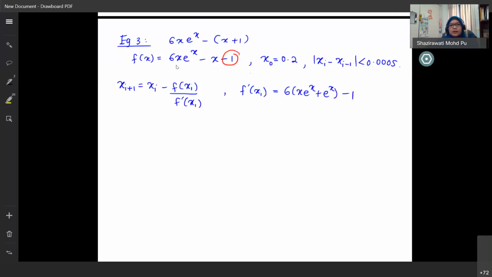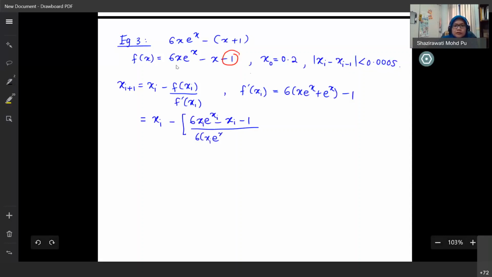Then if we put in the formula for the Newton-Raphson, it is x_i minus, at the top, with proper brackets, 6x e^x minus x minus 1, where all of the x are supposed to have the subscript i, over 6x_i e^{x_i} plus e^{x_i} minus 1.